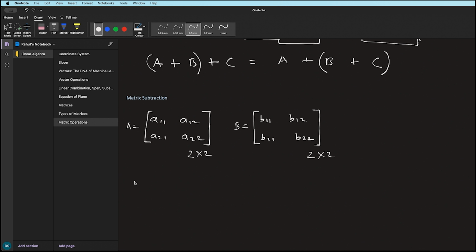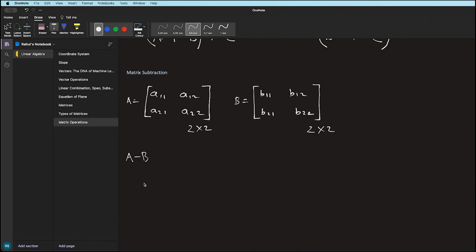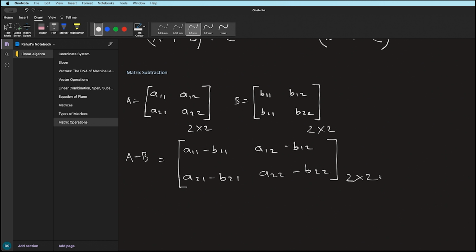I want to subtract B from A, that is A minus B. So the resulting matrix will be A11 minus B11, then A12 minus B12, and A21 minus B21, A22 minus B22. So the resulting matrix is also 2 cross 2.